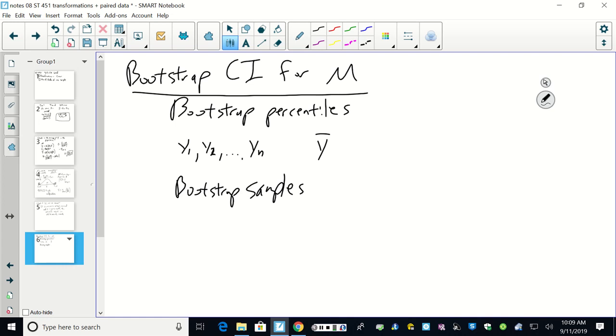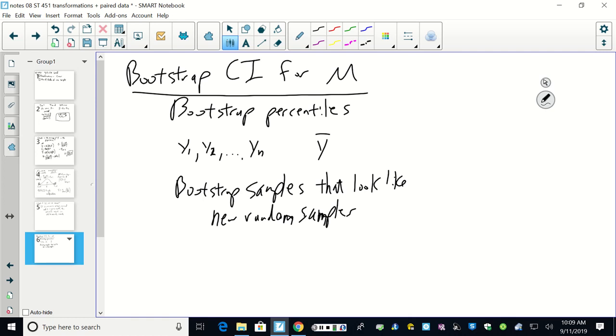So bootstrap samples look like new random samples. We can't actually take more samples, but maybe we can mimic that process using our data.